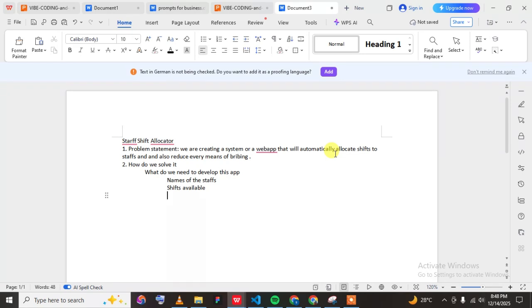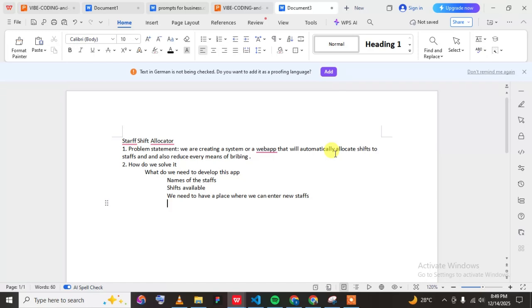So that means we need to have a place where we can enter new staffs. You see, we are thinking gradually. So we need a place where we can enter the names of the staffs that are new.